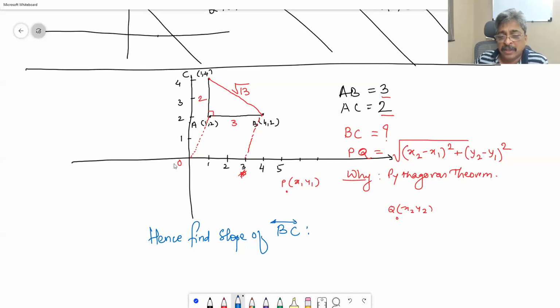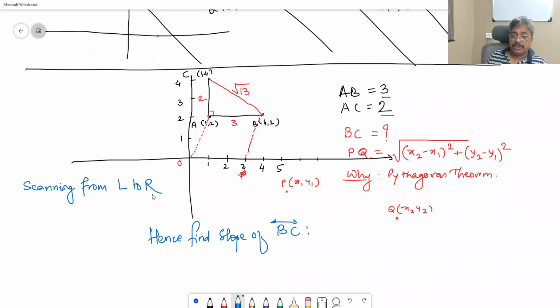The mistake here is that the sign is important. The sign of the slope is important because scanning from left to right was our strategy in finding the solution set.